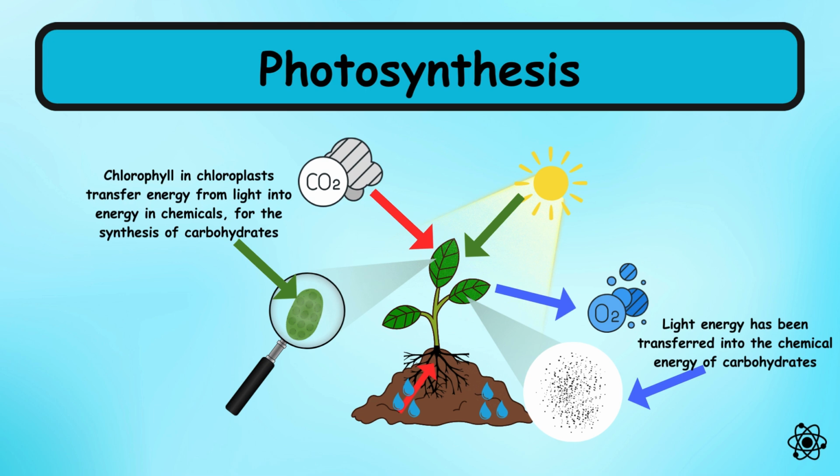Basically, water is absorbed from the soil by the roots, and carbon dioxide is absorbed from the air through the stomata. In the leaf cells, the carbon dioxide and water are combined to make sugar. The energy for this reaction comes from the sunlight that has been absorbed by the green pigment chlorophyll. The oxygen escapes from the leaf.